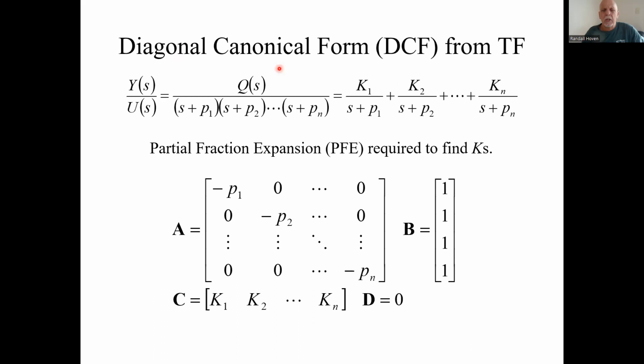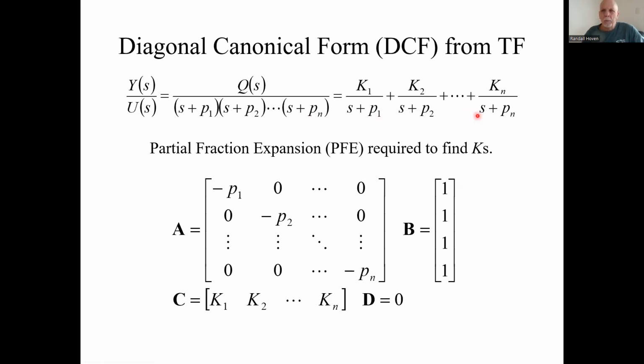One more canonical format. This is your transfer function. You do partial fraction expansion and express it this way. And then this would be the diagonal canonical format. At least we're going to limit ourselves to these poles being real and simple, meaning not repeated.